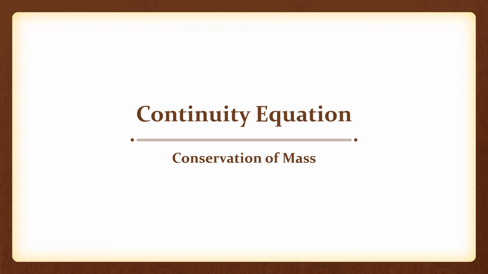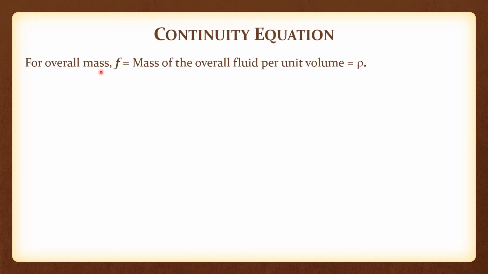Now let us try and apply this to the continuity equation, or the overall conservation of mass. For overall mass, small f is the mass of the overall fluid per unit volume, which is the density. Species flux phi f is equal to rho into v.